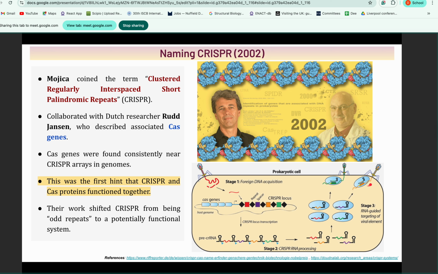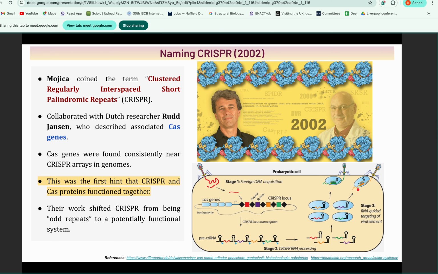So now what will happen is that next time, whenever another bacteriophage attacks it, it will be able to recognize this particular element because it was already present in the host genome. So bacteria has now developed the machinery to recognize self versus non-self. So now RNA guided targeting of viral element will take place because we already have these RNAs. As soon as the virus attacks, these are complementary to those elements.